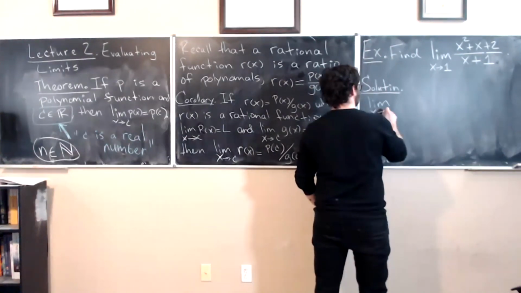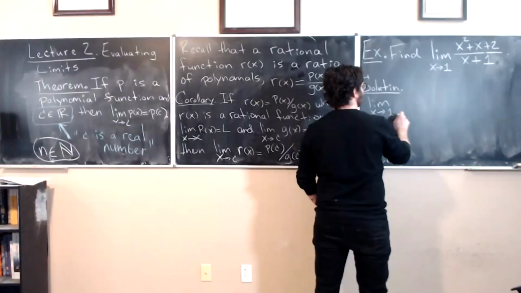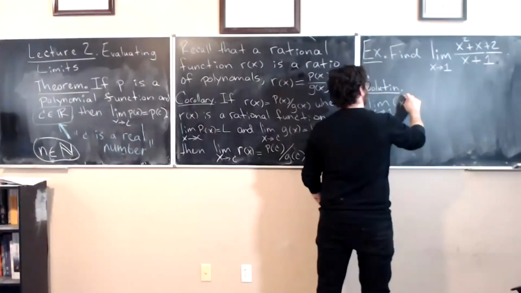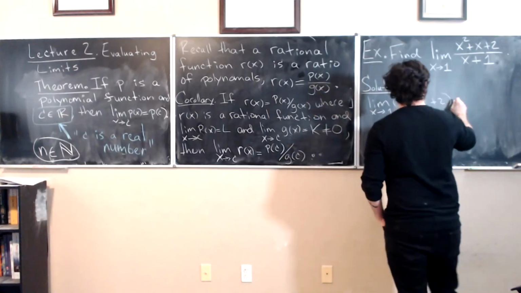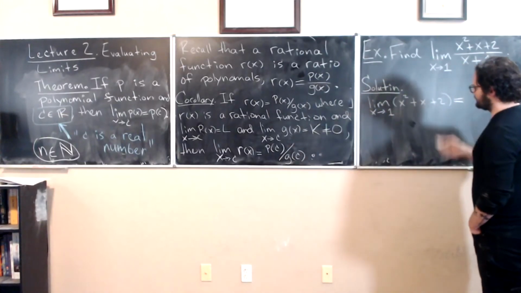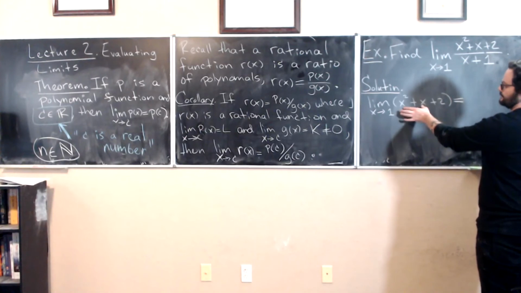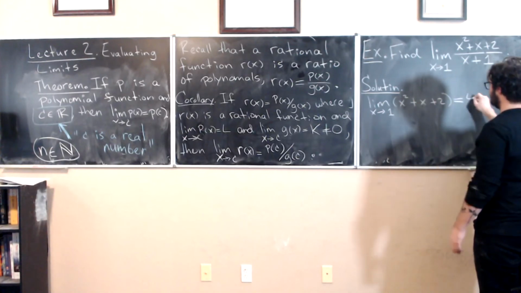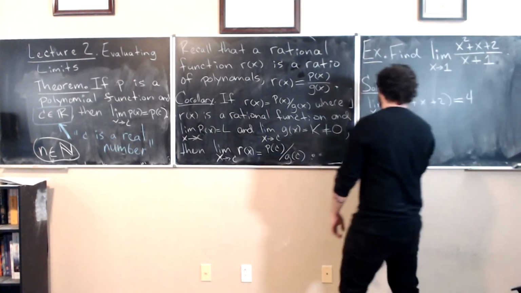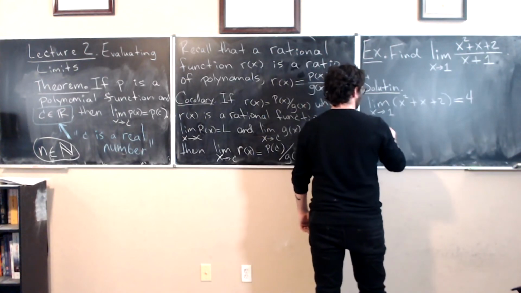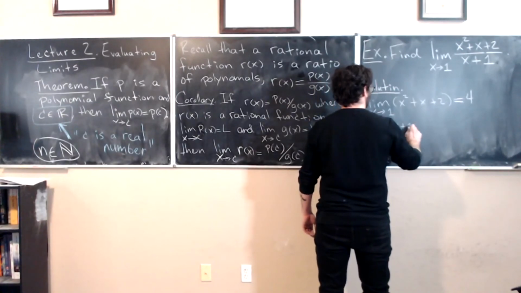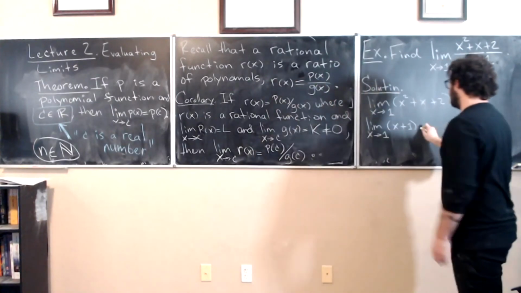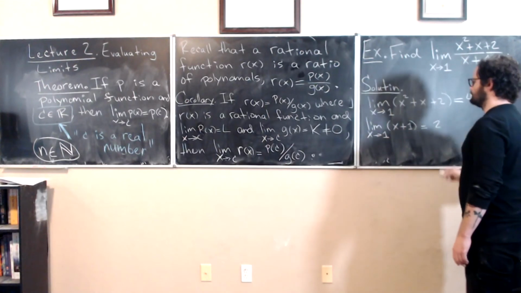So the solution is something like the limit as x goes to 1 of x squared plus x plus 2. We just plug in 1 into that, so we get 1 squared plus 1, 2, plus 2, 4. So then we next evaluate the limit of the denominator. That's a polynomial. We can just plug in the limiting value, 2.